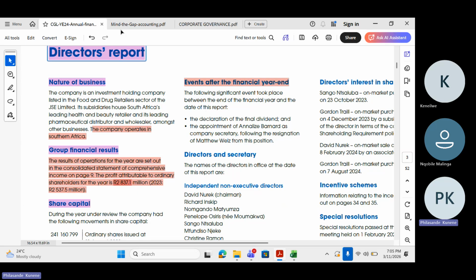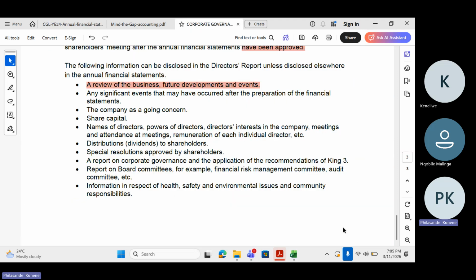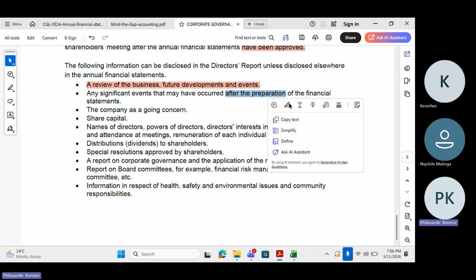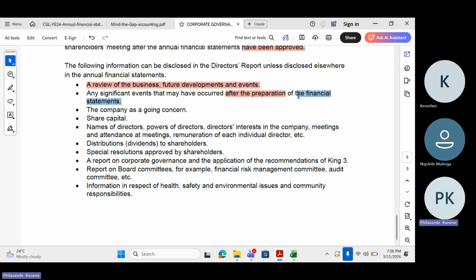That has to be reported here to say the company operated very well the whole year, but at the end of the year, things went south and something happened. The company is no longer existing whatsoever. Any significant events that may have occurred after the preparation of the financial statements, we have to let the shareholders know about that. Because the financial statements reflect the whole year. But what happens the day after the year end?